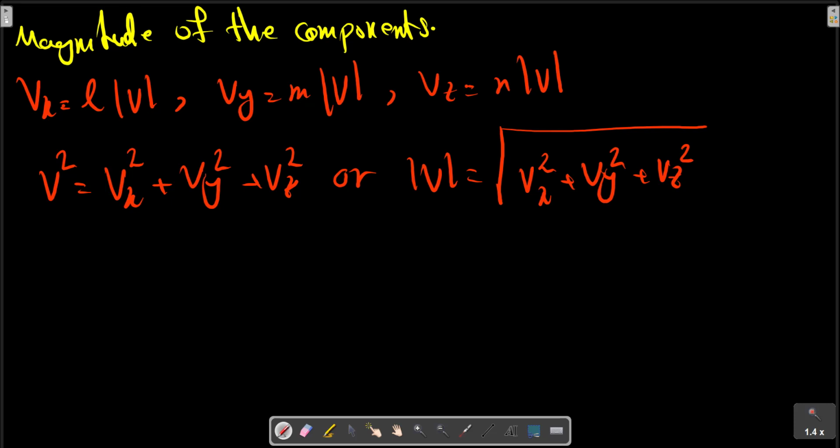Note that we have this relation also: l squared plus m squared plus n squared equals 1.